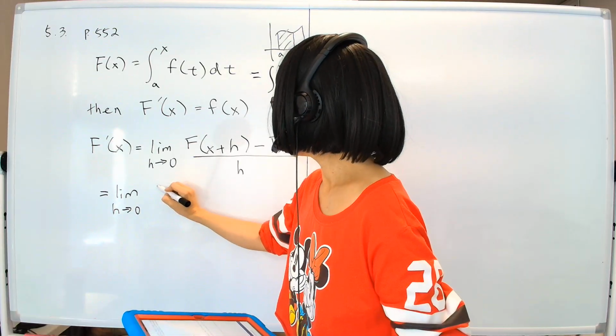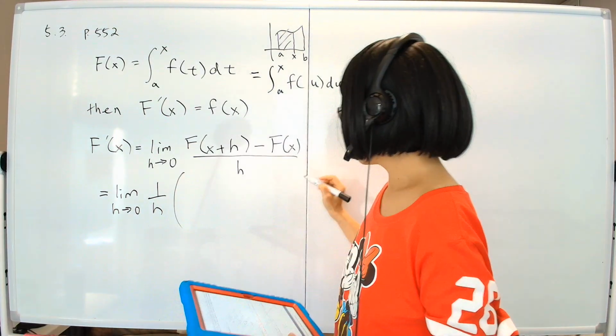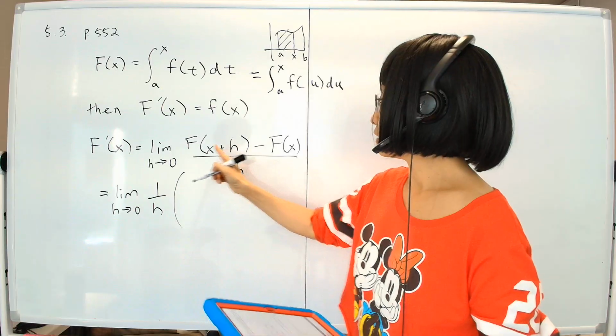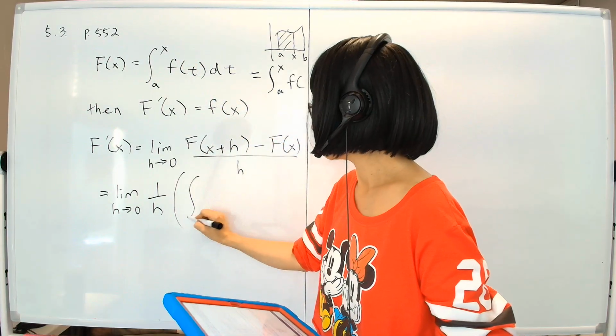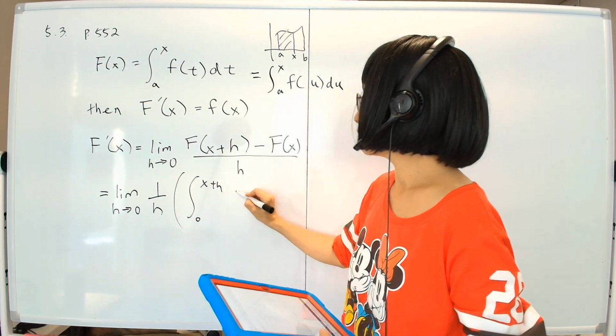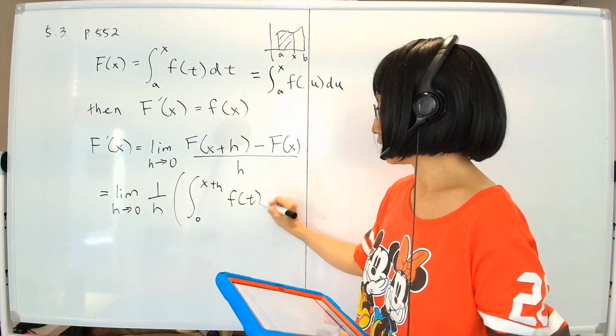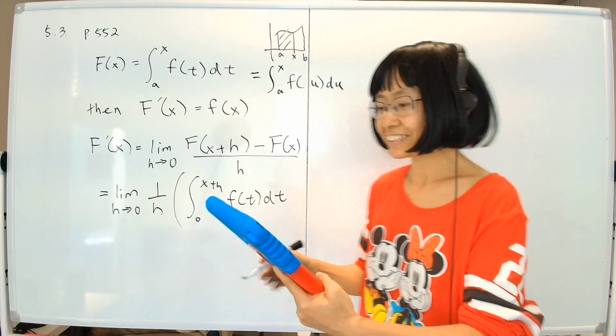And so, limit as h approaches 0. I'll write the h on the side because there's a big bunch of stuff here. The first, f of x plus h, by definition, equals the integral from 0 to x plus h of f of t dt, right? We'll continue to use the dummy t.